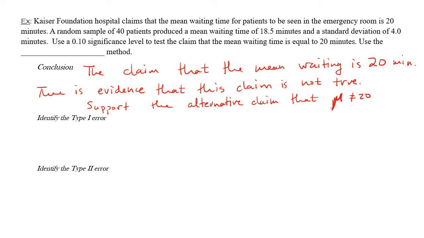Now let's think about what a type 1 and a type 2 error would be in this case. A type 1 error would be rejecting the null hypothesis when in fact the null hypothesis is true. So in this case, a type 1 error would be saying that the mean waiting time is not 20 when it actually is.